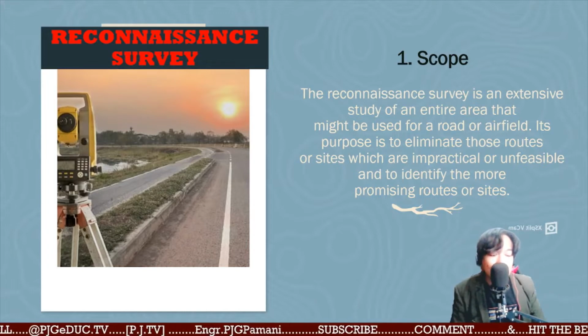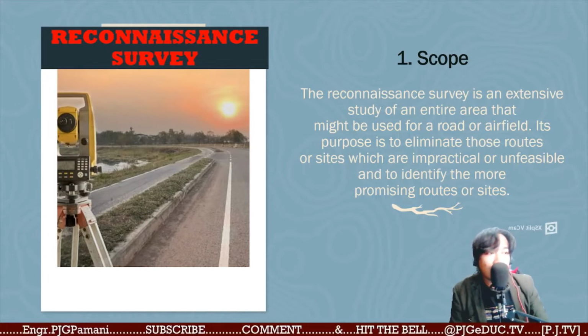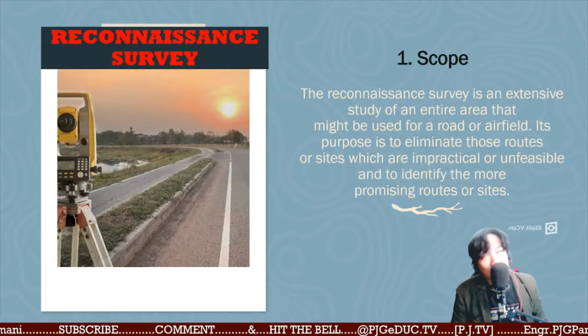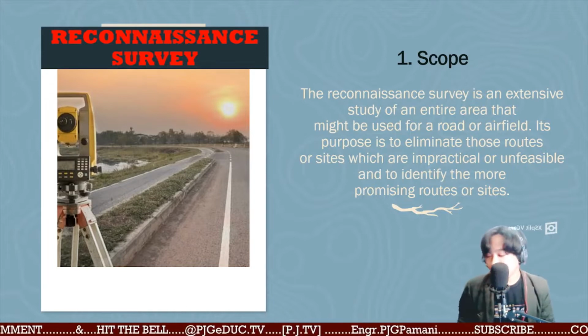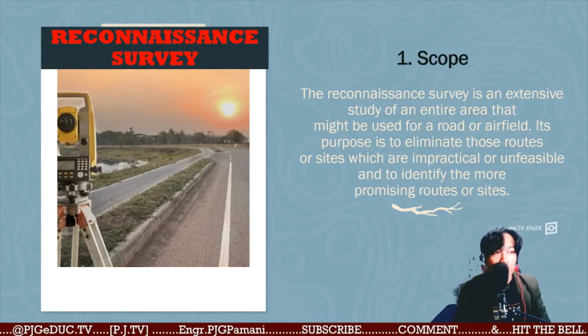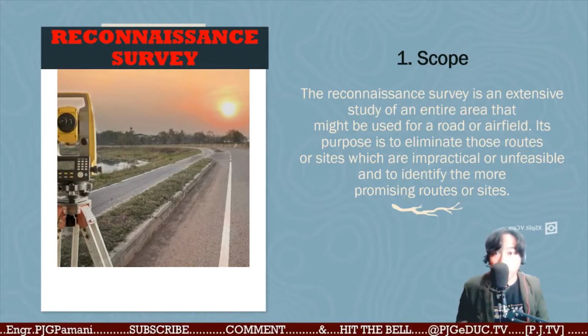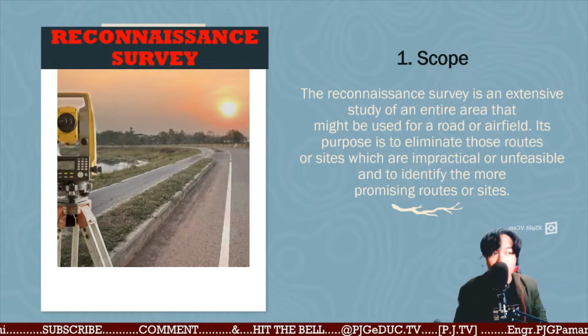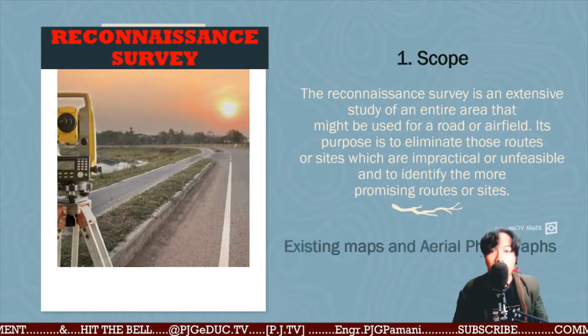Of course, in considering those roads, we need to identify the specific items or objects that will cause hindrance during construction. What are those hindrances and problems that we are going to encounter, and how are we going to deal with them later on?